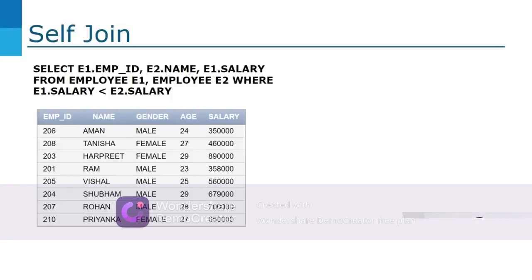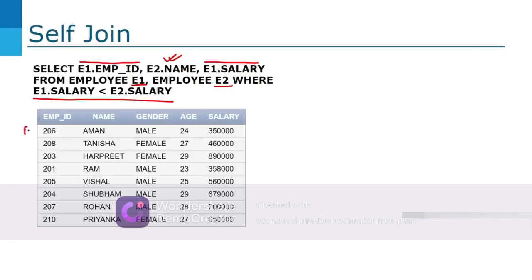So we have an employee table. Employee E1 is one table and employee E2 is the second table. From employee 1, we want employee ID and salary, but from employee 2, we only want the name, where employee 1 salary is less than employee 2 salary. Now you don't know how this employee table will get divided and from where.